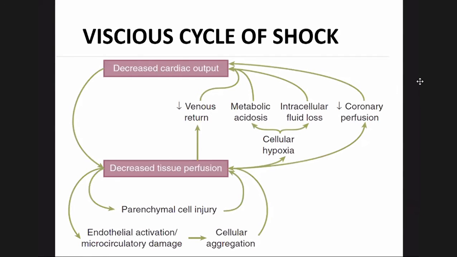These effects at the cellular level, if untreated, will lead to compromise of organ function, thus leading to the vicious cycle of shock. Regardless of etiology, decreased tissue perfusion in shock results in a feed-forward loop that can exacerbate cellular injury and tissue dysfunction.